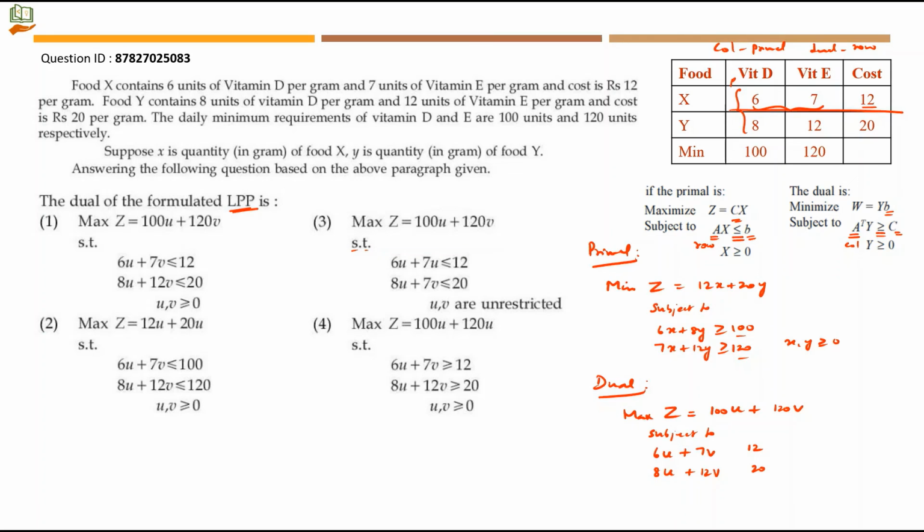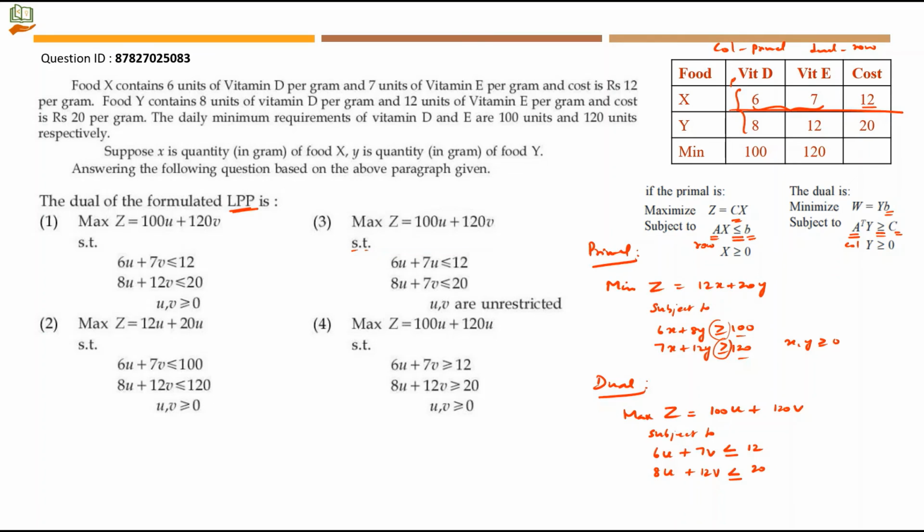We have understood that in the primal, if we have inequality as less than, in dual it is changing to greater than. So here it is greater than or equal to in the primal problem, which means here the inequality will be less than or equal to 12. And here the inequality will change to less than or equal to 20. Now just get the meaning alone.